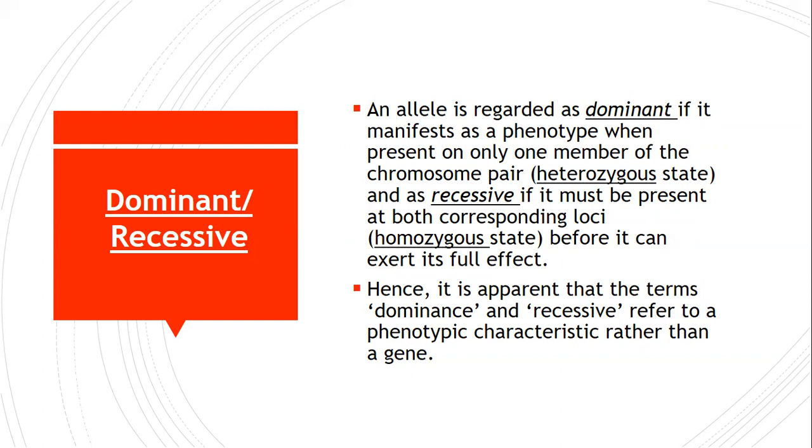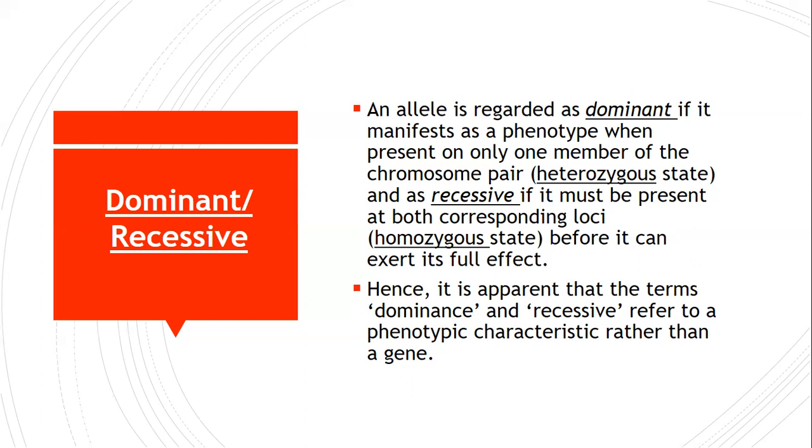And for recessive alleles, it is a must that there should be a corresponding recessive allele on the other locus, received from the other parent. So for recessive characters, the individuals are usually homozygous, that is, receiving the defective or abnormal gene from both parents. Only then can it exert its full effect.